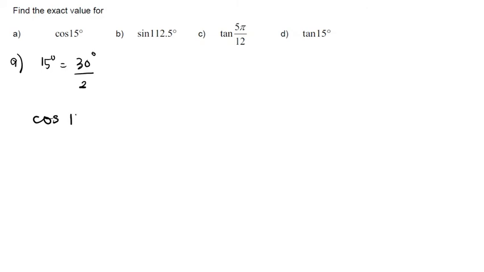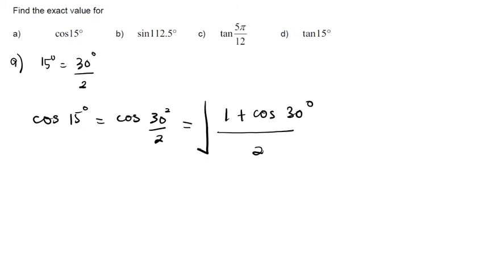We get cos 15 degrees is equal to cos 30 divided by 2. Substitute in the formula of the half angle, so we get 1 plus cos 30 divided by 2. Remember the triangle to get 30.